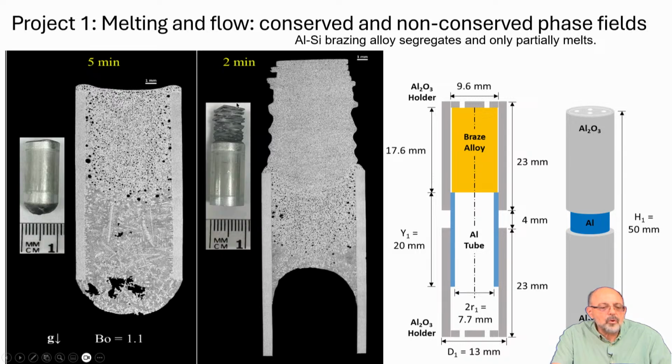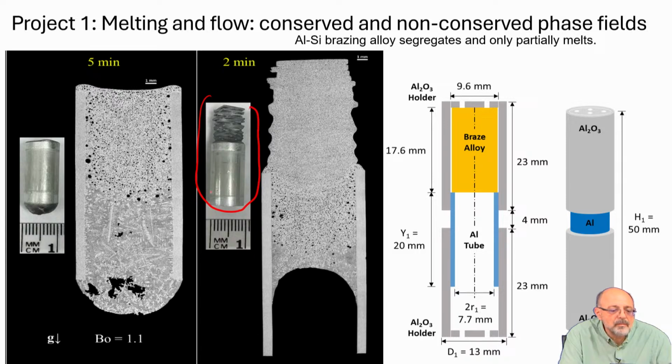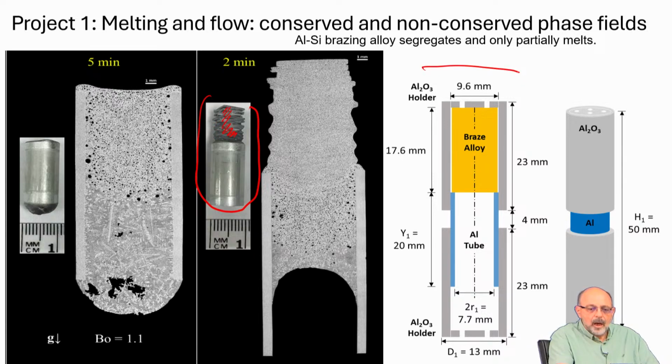So here's what happens. We start with this initial configuration. This is an aluminum alloy cylinder. This is brazing alloy here. This is brazing alloy on the top. And this is all placed in an alumina frame.